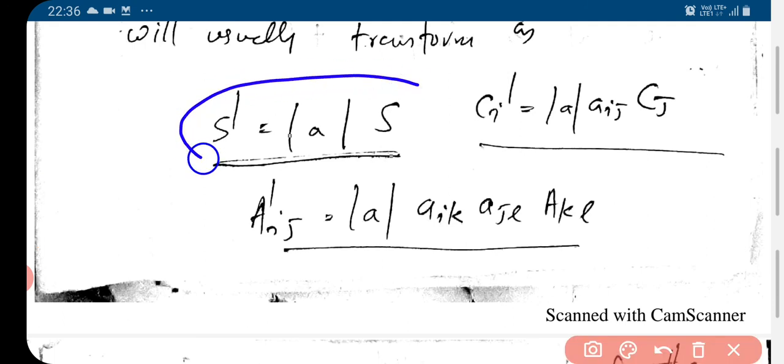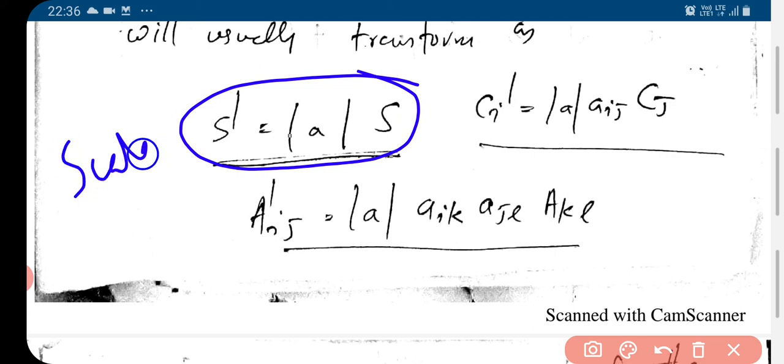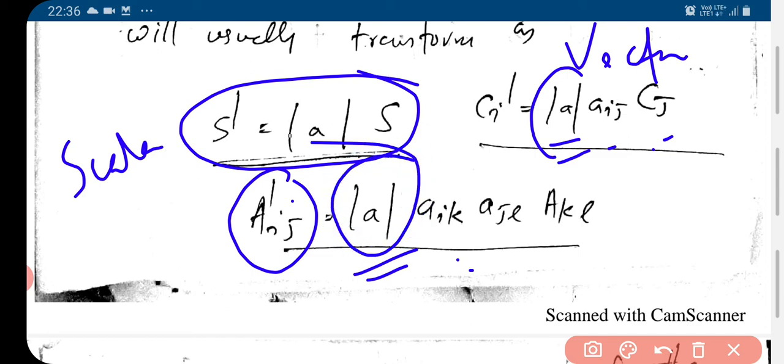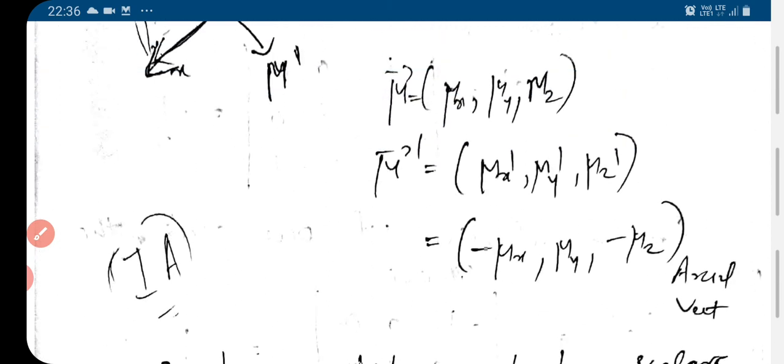For a pseudo scalar, S prime is the modulus of A times S. For a vector, Ci prime is the modulus of A times Aij Cj. And in the case of a tensor of rank 2, the transformation is like this: Aik Ajl Akl, times the determinant of the matrix corresponding to the transformation.